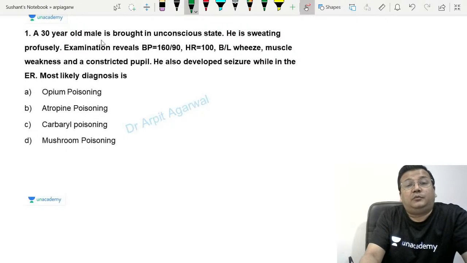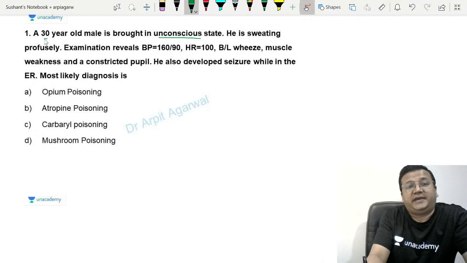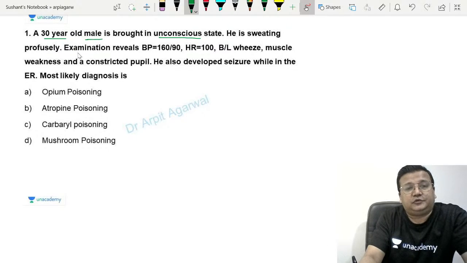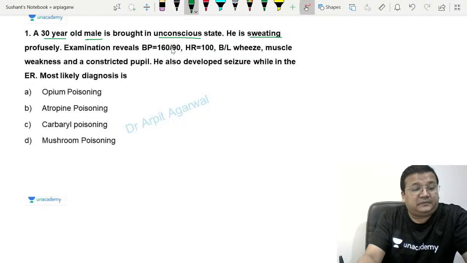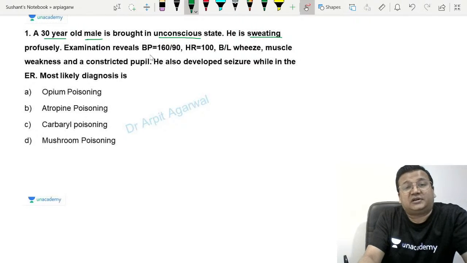A 30-year-old male is brought in unconscious state. Always focus on the age and the sex. He is sweating profusely. Examination reveals high BP, 160 by 90.